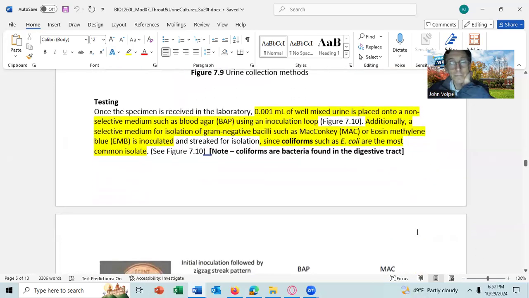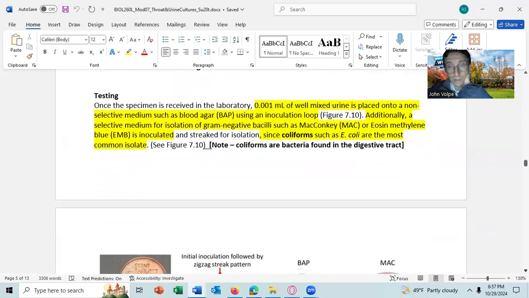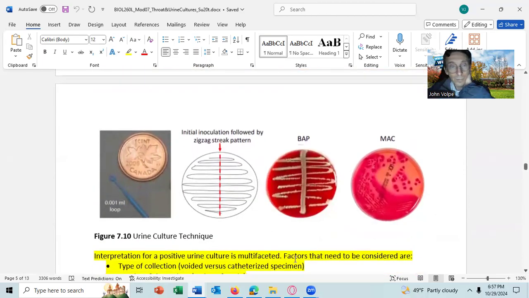You then take 1 microliter, that's 0.001 milliliters of urine, and you put it on a blood agar plate using a special inoculation loop. We have a special inoculation loop shown here, which is obviously a very small loop because there's a penny, and that will measure 1 microliter.